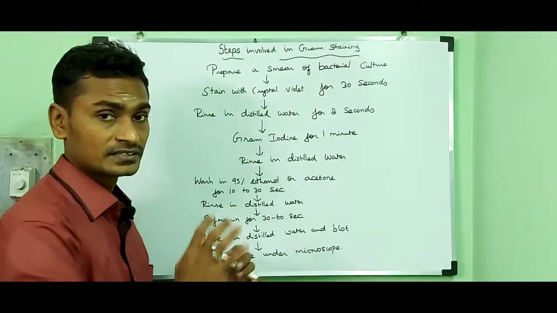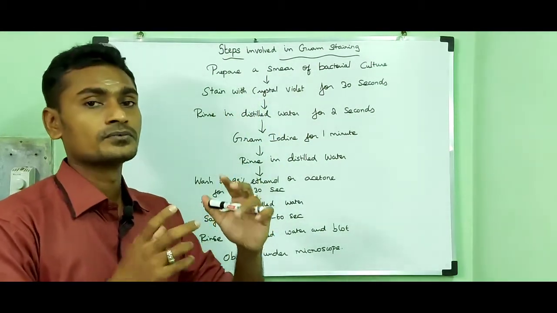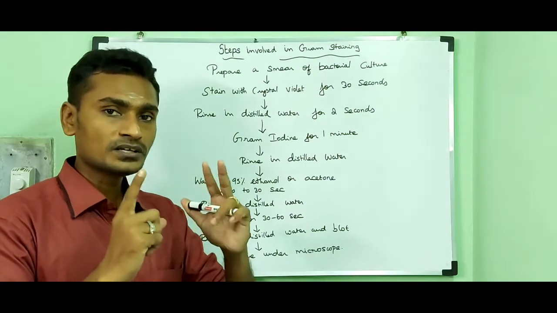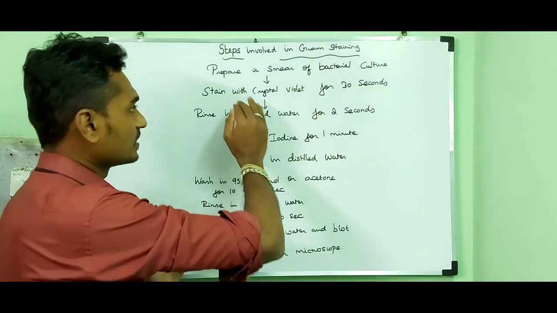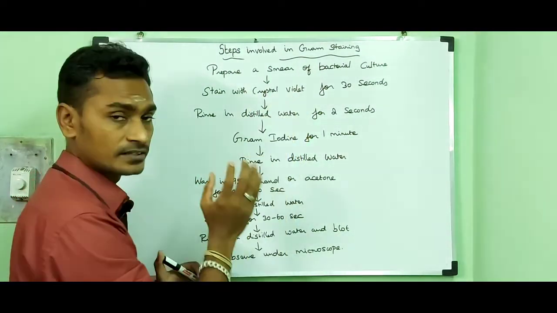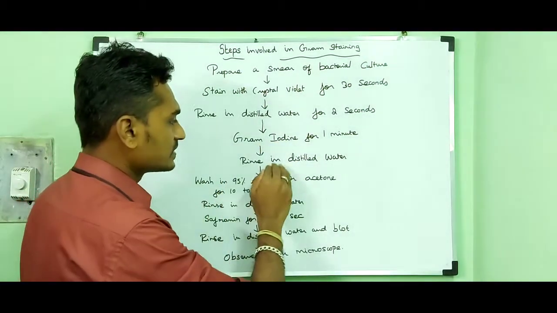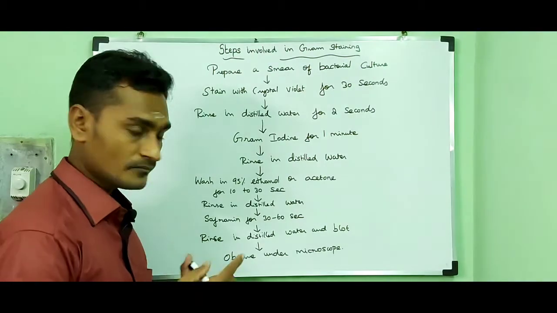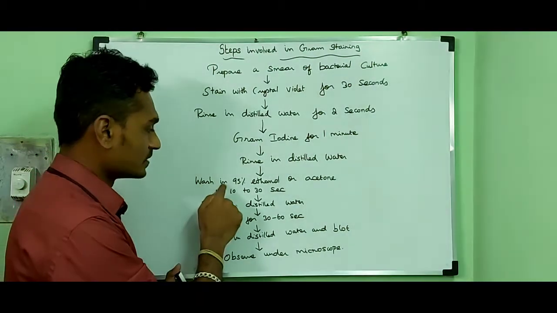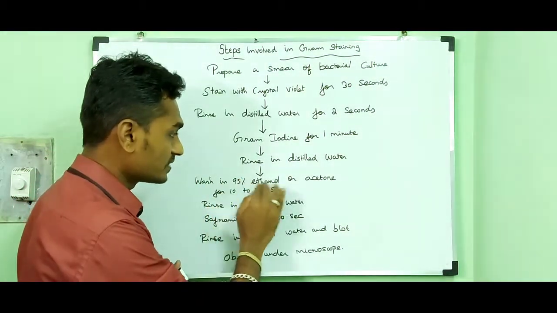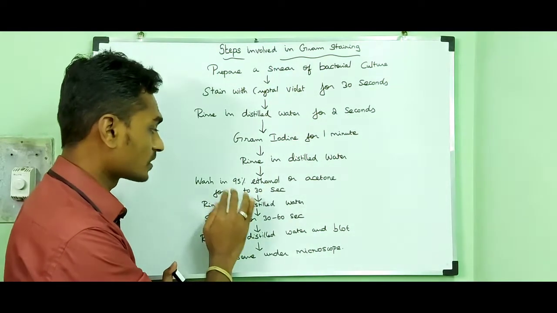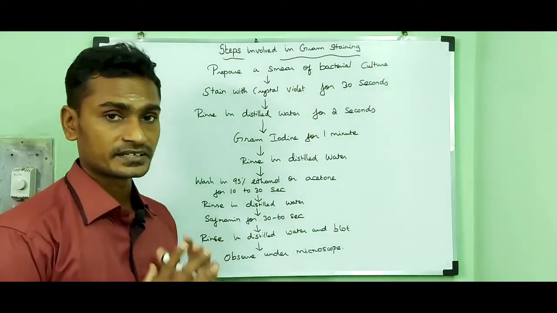So this is a differential staining process, so we have to use more than one reagent. First we have used crystal violet, now we have used gram iodine. Then rinse in the distilled water. Then wash that slide in 95% ethanol or acetone for 10 to 30 seconds.